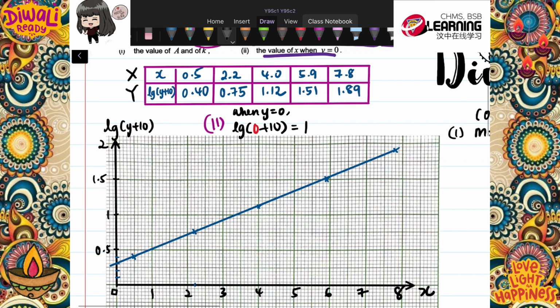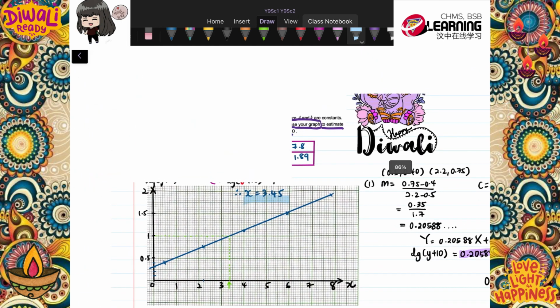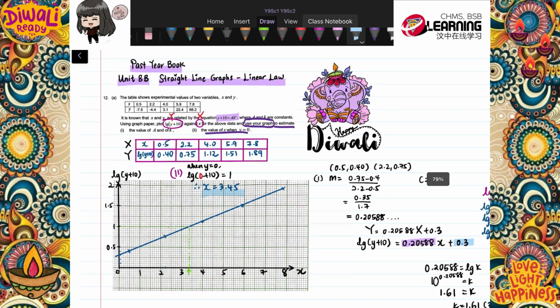So I put from 1 here, you trace. You must show that you are tracing here to find the answer. And then here. So the answer is 3.45. Therefore your x is 3.45. So this is the answer for your x for part 2. Okay, so that's all for 12A.